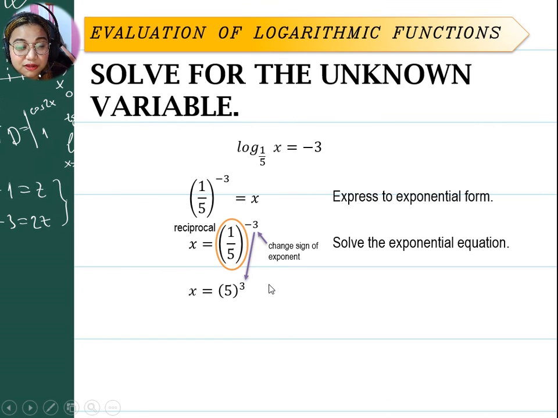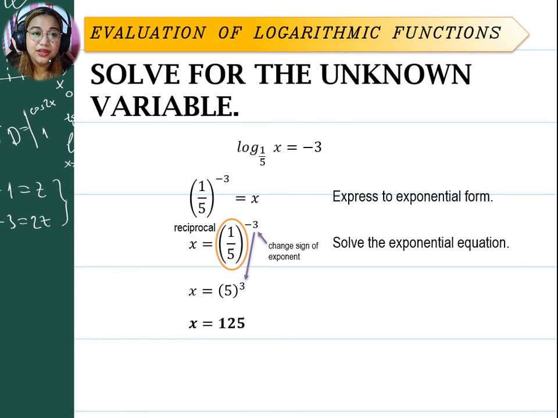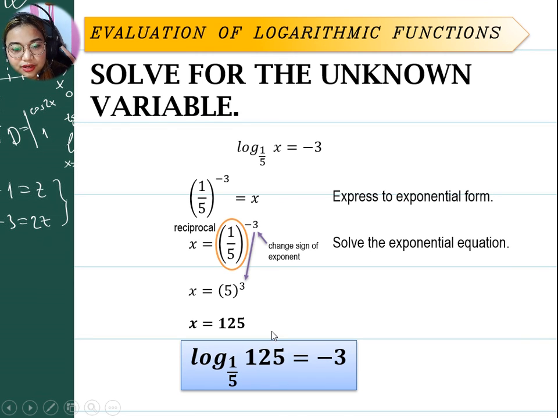That will be 5 raised to 3 and that will be 125. So, kung matatandaan ninyo, if our exponent ay negative, you have to get the reciprocal. And our answer is 125. So, our logarithmic function is logarithmic of 125 base 1/5 is equal to negative 3. Again, remember that if our exponent is negative, you have to get its reciprocal.